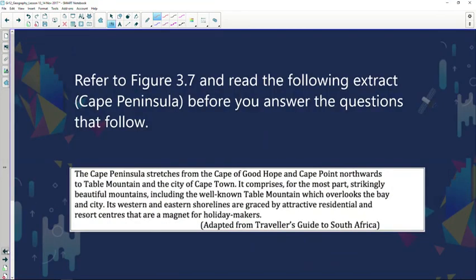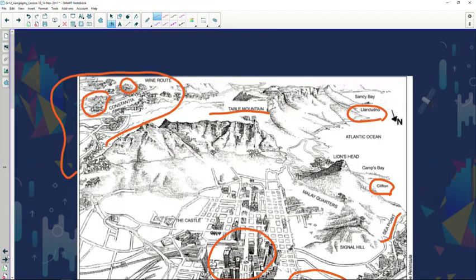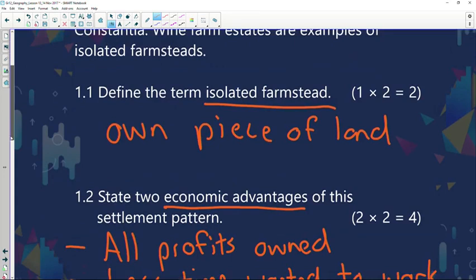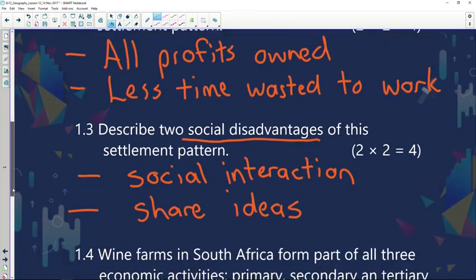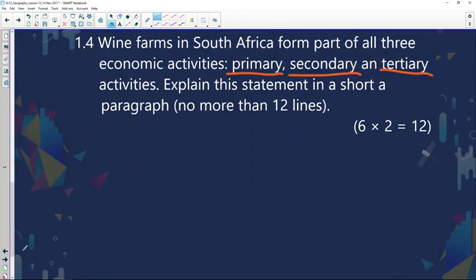Now, the tertiary activity is taking these wines and selling them. For instance, it makes it quite easy. There's the harbour, which makes it easier for export, and they're getting shipped off to Europe. But many of the wine farms currently in the Western Cape have come up with a better idea. Now, what they do is, to increase their profits, they've taken their wine, and on the wine farm itself, they've opened restaurants and they open wine tasting venues.